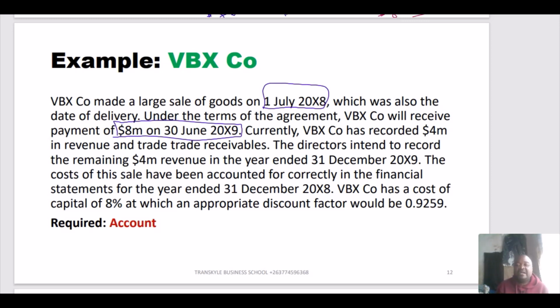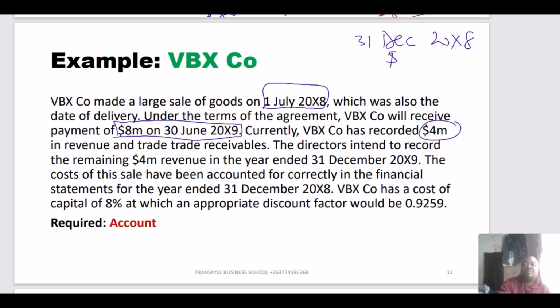Currently, VBX Co. has recorded 4 million in revenue and trade receivables. The directors intend to record the remaining 4 million revenue in the year ended 31 December 2009. So, wow, these guys have recorded 4 million in the year ended 31 December 20x8.